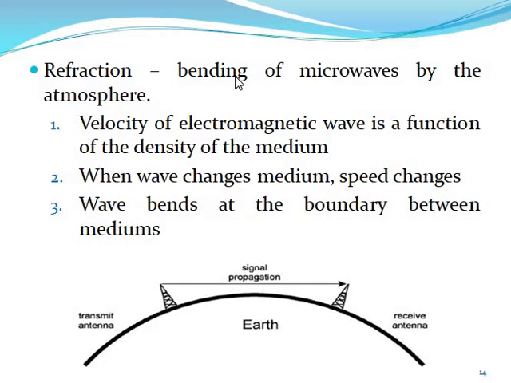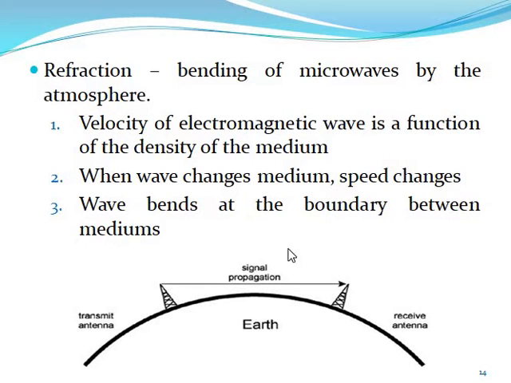So what is the reflection? The microwave signal travels through the atmosphere. The velocity of the electromagnetic wave is a function of the density of the medium. When the wave changes medium, the speed changes, and the wave is bent at the boundary between the media.